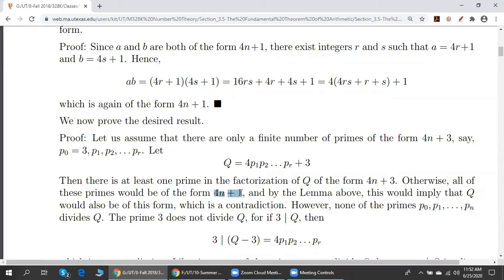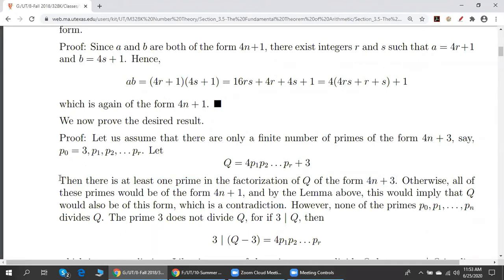But if any prime factor of Q is of the form 4n plus 1, by the lemma above, Q is of the form 4n plus 1. But Q is of the form 4n plus 3. And by the division algorithm, the remainder is unique. An integer cannot be of the form 4n plus 1 and 4n plus 3 simultaneously. Conclusion, there is at least one prime factor of Q of the form 4n plus 3.